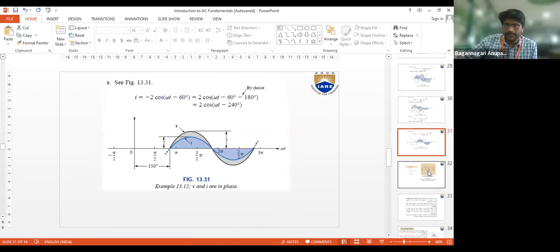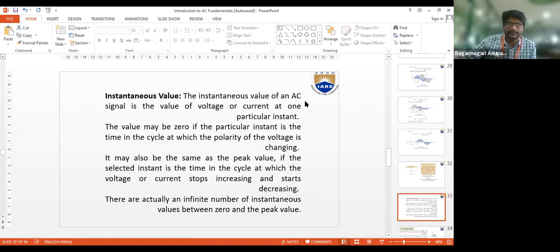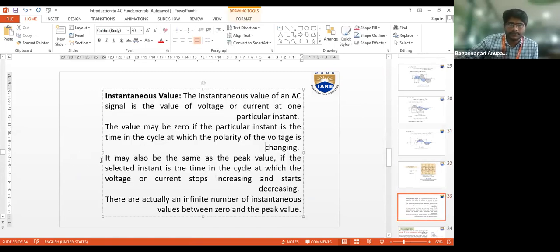So we were talking about leading and lagging, the angles, leading and lagging angles for these.